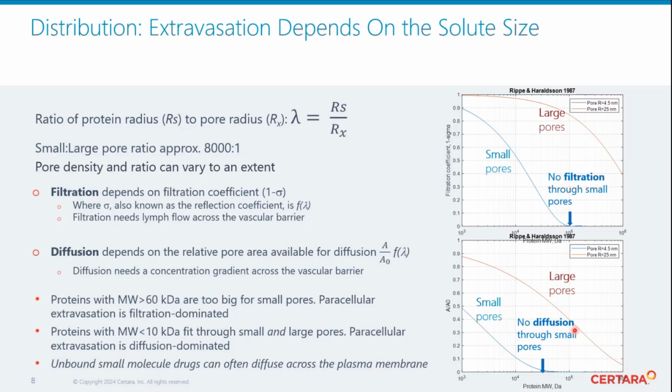The take-home message is that large proteins like antibodies and albumin are extravasated by convection, just filtration. The diffusion contribution is something like 5%. If you think of a small protein, like insulin for example, that would sit somewhere in this region, and would be extravasated primarily through diffusion.